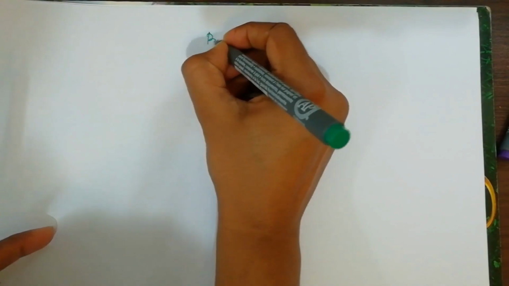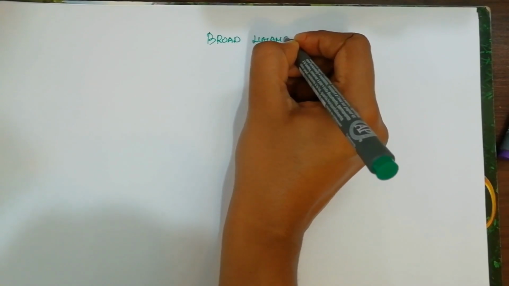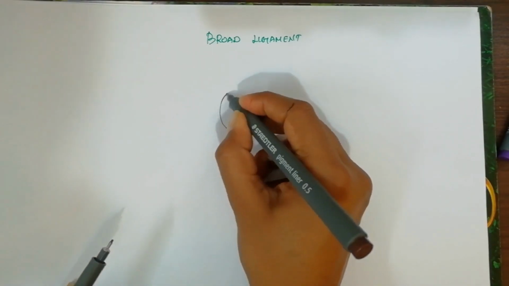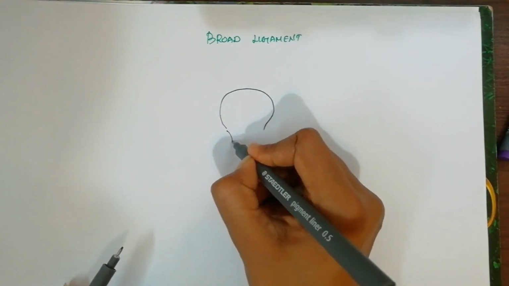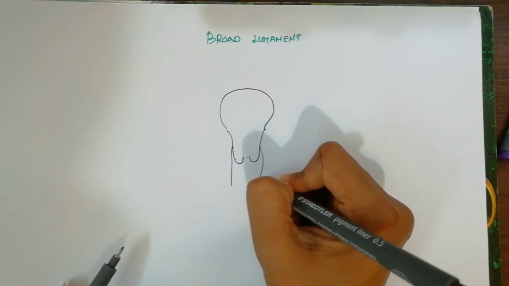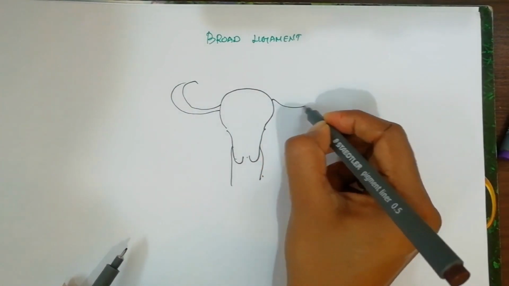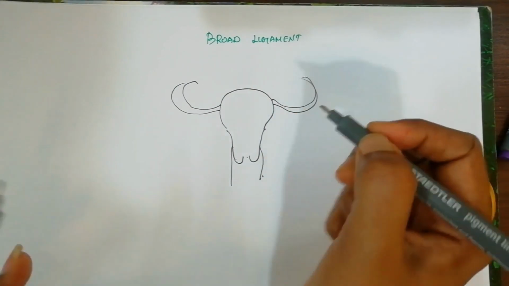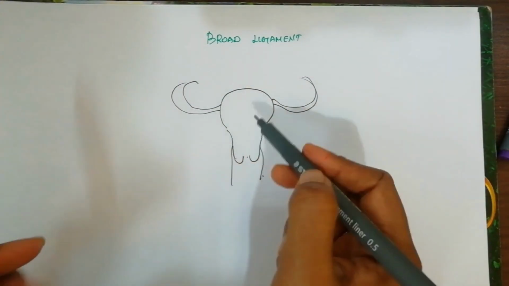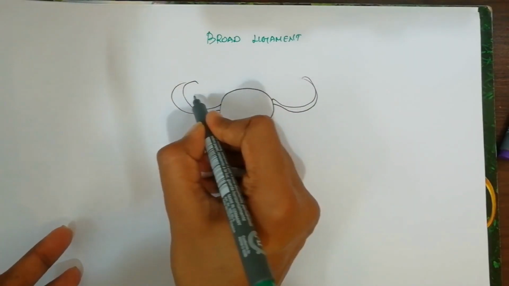So broad ligament is also a false ligament, which is a peritoneal fold, but it is a paired ligament. It is going to have a wide attachment over the uterus. So we have got the uterus, with the lateral angle and uterine tube, and on either side near the lateral border we have got the attachment of this broad ligament.